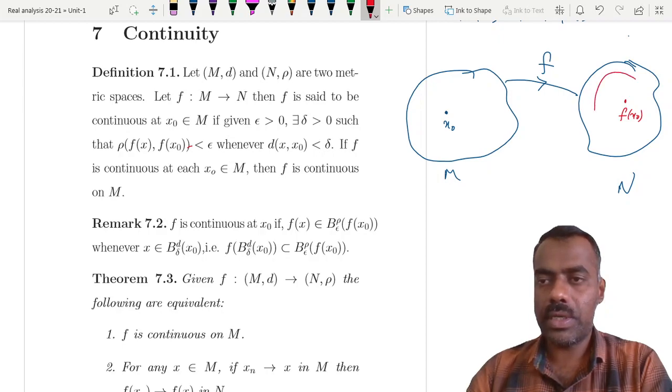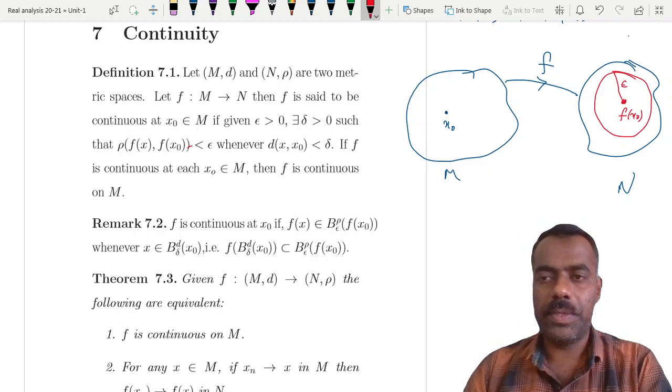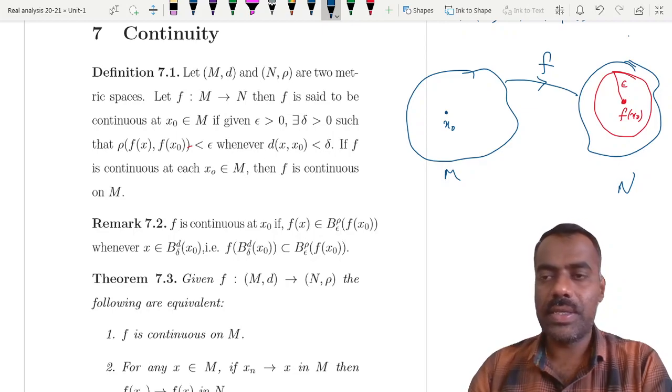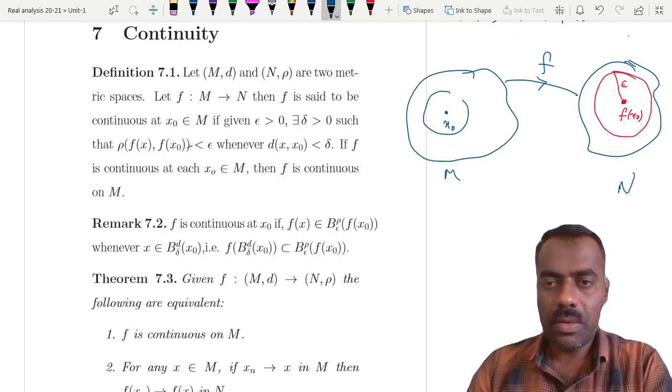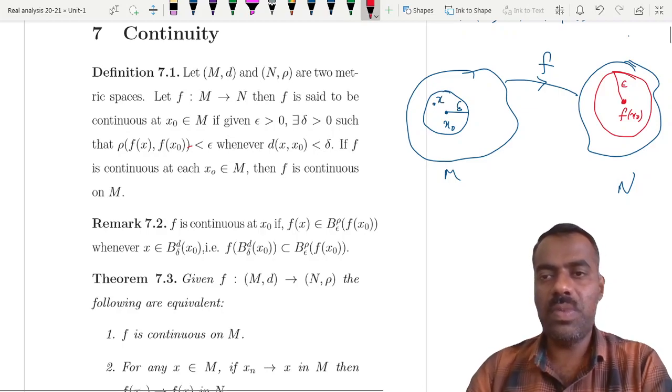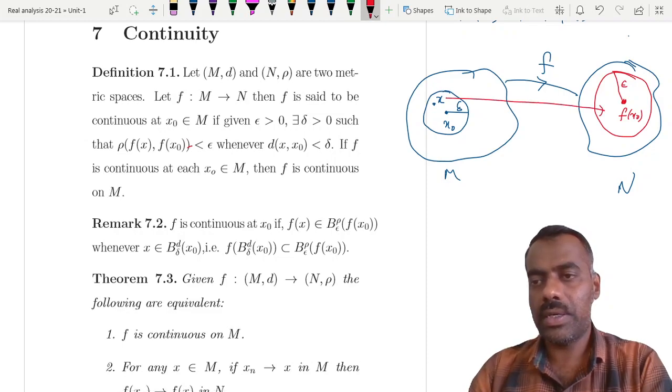Okay, so let me write. This is a ball of radius epsilon. Then what is meant by saying this is continuous? In this situation, we should be able to find some delta such that any element in this ball, so if I say this is delta, if I take any x here, then this f of x should be mapped to some point f of x in this ball.